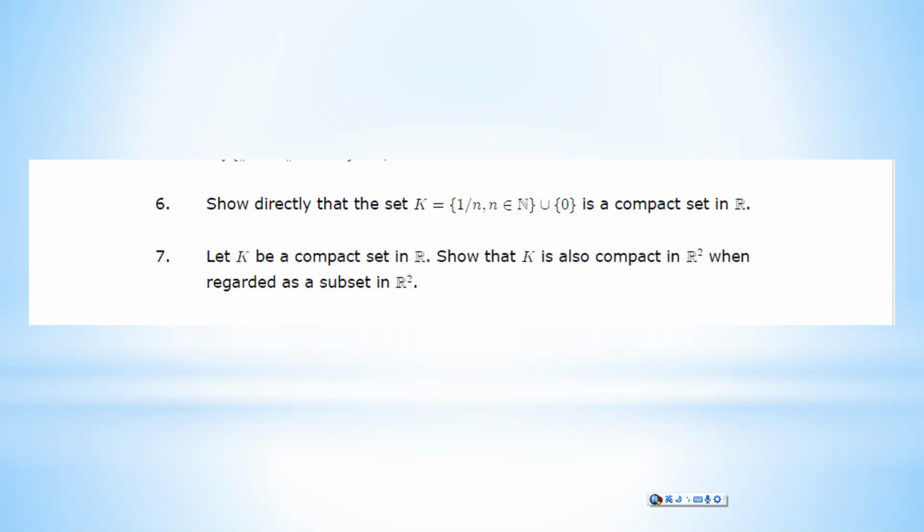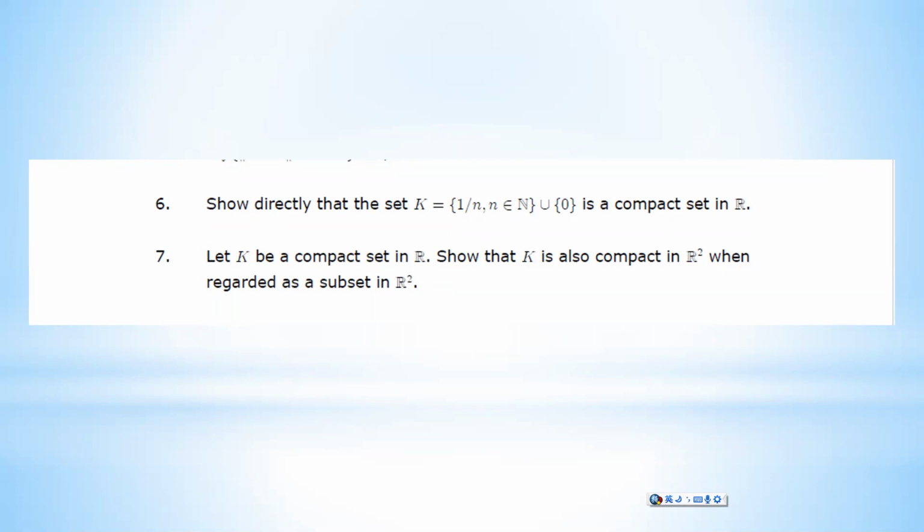Now, how does K look? K is actually given by a sequence, 1 over n. This sequence carries a limit point, 0. The 0 itself is not inside the sequence, but if I put 0 inside the set, you want to show that this is a compact set.